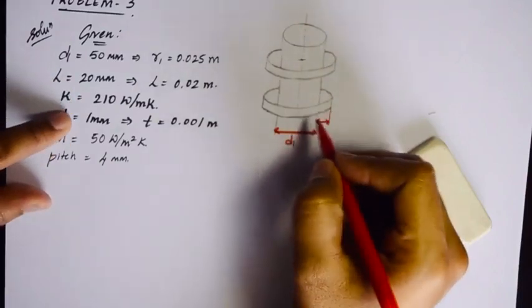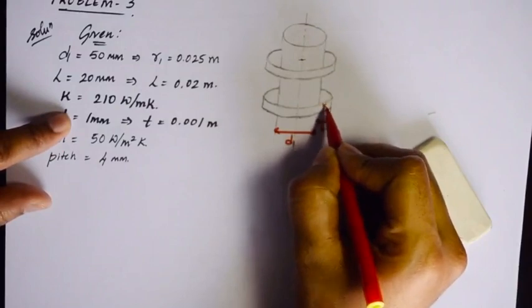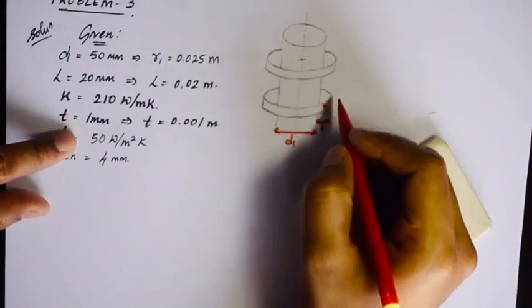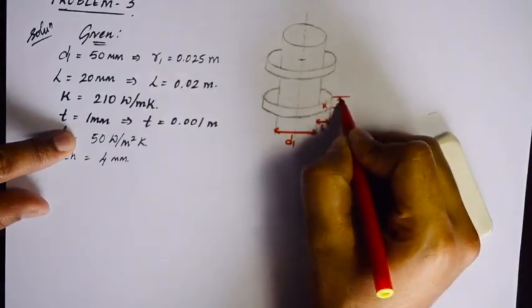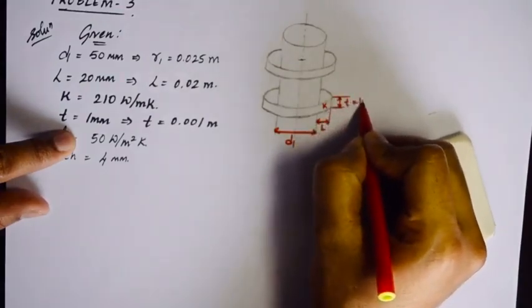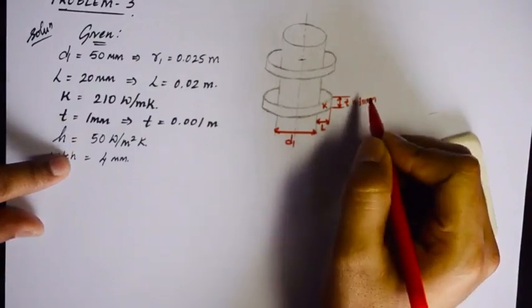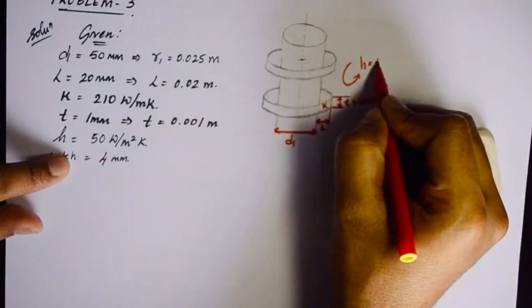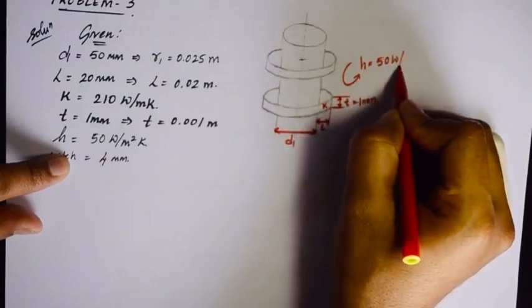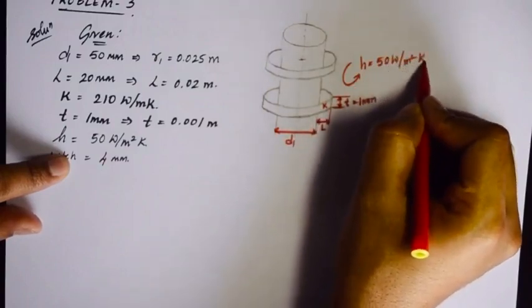Now this has a k value of 210 watt per meter Kelvin, and then we have thickness of the fin, that is thickness is given as 1 millimeter. At the same time, this fin is exposed to a surrounding with heat transfer coefficient of 50 watt per meter square Kelvin.